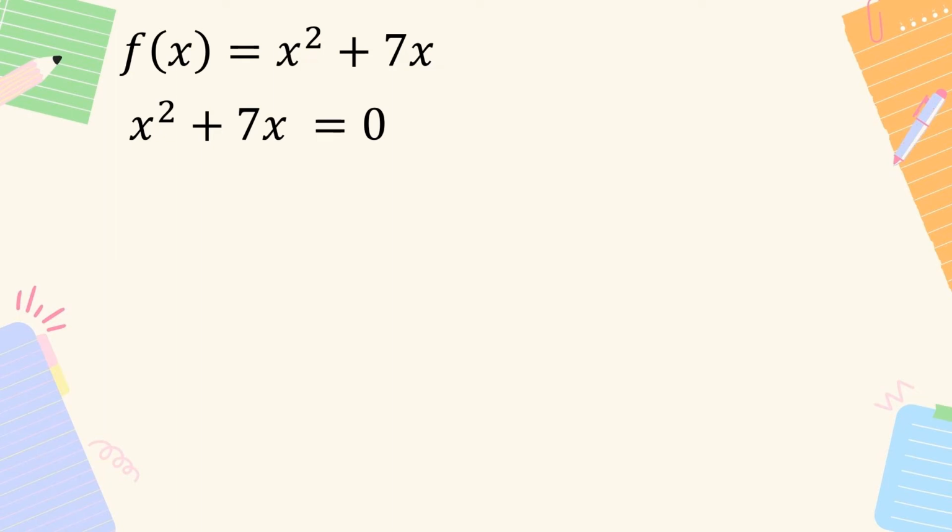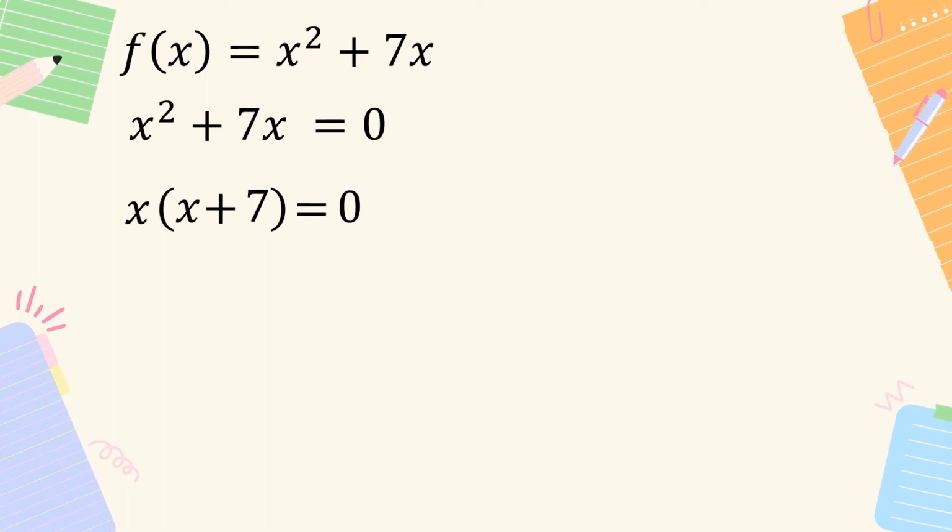Your common monomial factor is x. So we are going to factor out x. For the other factor, we have x squared divided by x, which is equal to x. Positive 7x divided by x is equal to positive 7, equals 0.